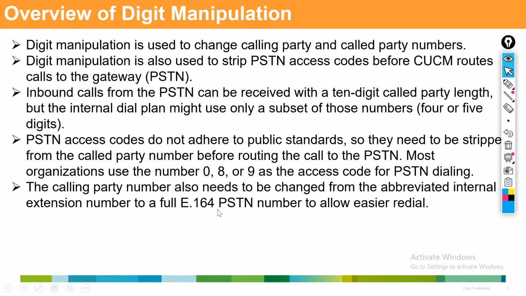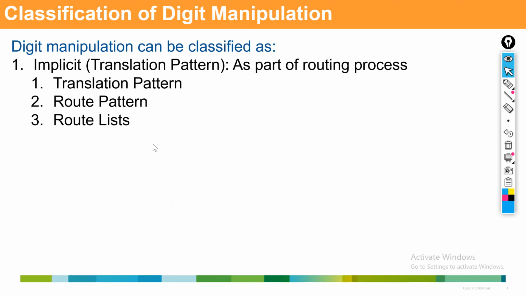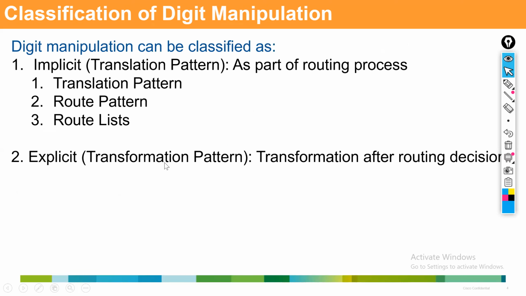Again, E.164 format we require, right? Whenever we are making a call, the calling number should be in E.164 format. As for the classification of digit manipulation, to manipulate the number we have two different methods: one is the translation pattern and the other is the transformation pattern.